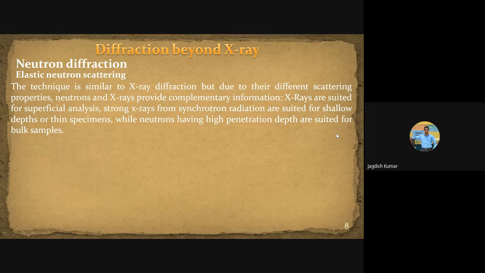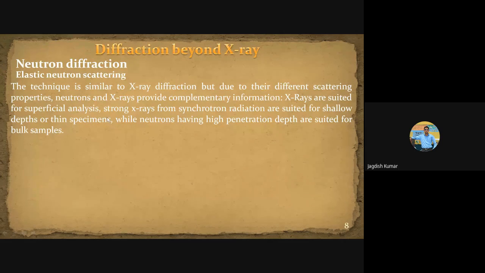The great thing about the neutron diffraction pattern is that X-rays are good for surface level, superficial studies, and they can penetrate only shallow depths within the specimen. So they are surface sensitive. They tell you the information of the atomic planes sitting on the surface of the crystal.